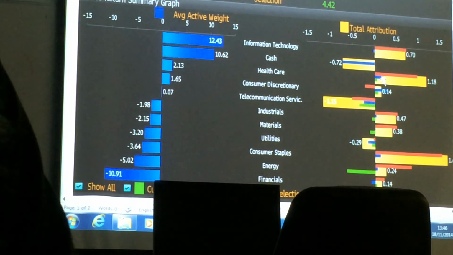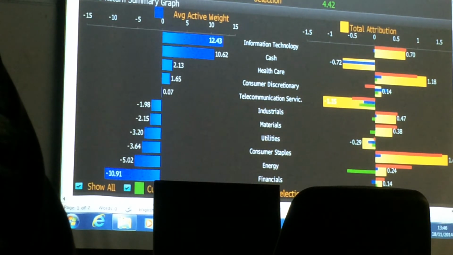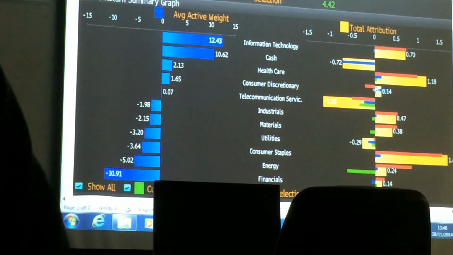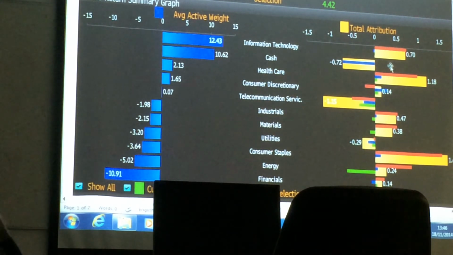Because you're overweight in this area, that doesn't actually make that much difference. That pretty much goes for the full portfolio. Because the blue lines are so small, the allocation of assets isn't actually that significant in driving performance. Ultimately, it is driven by stock picking.